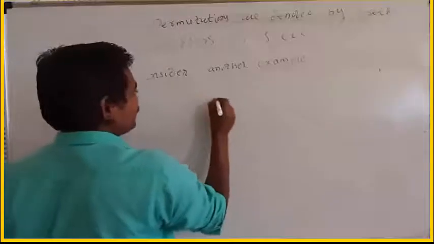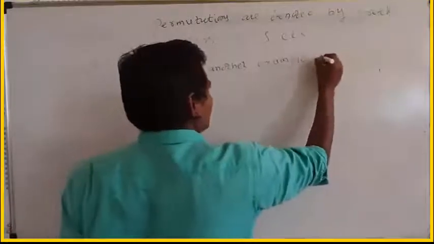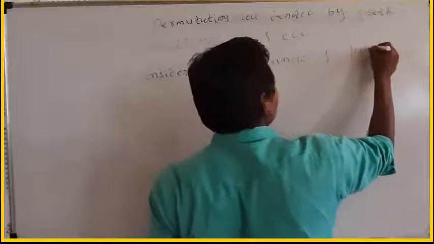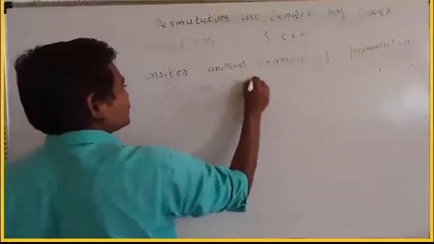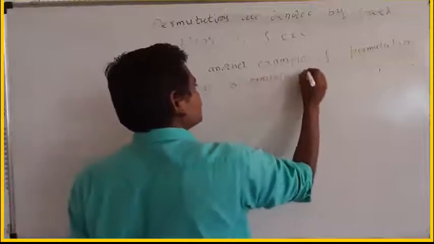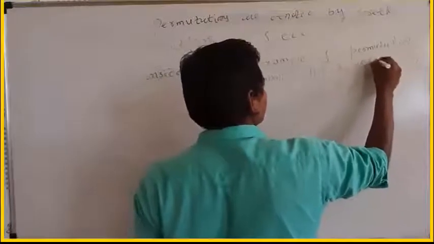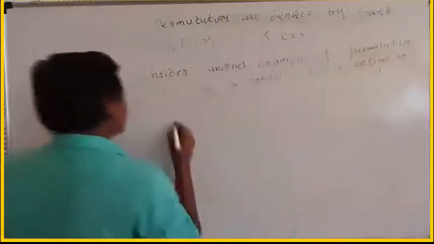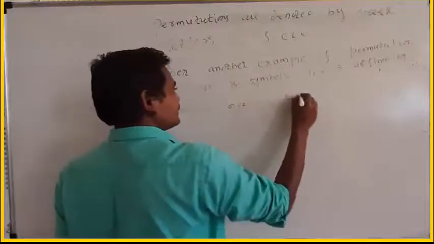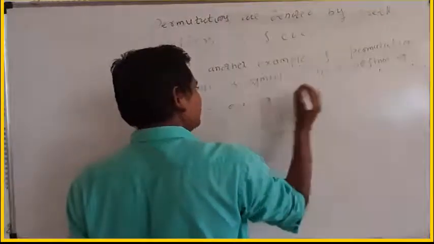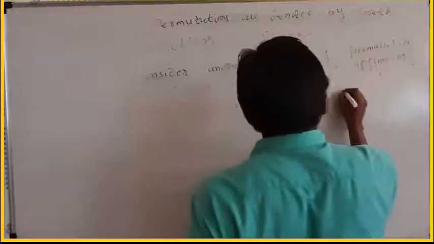Sigma is a permutation on three symbols 1, 2, 3 defined by sigma of 1 is 2, sigma of 2 is 3 and sigma of 3 is 1.